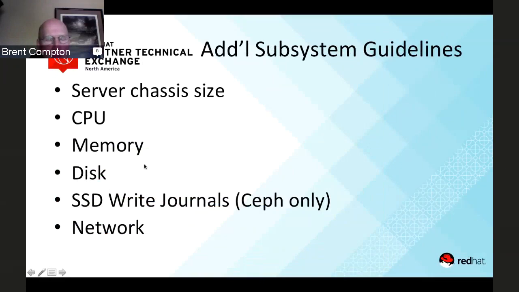Things like the CPU: we did quite a bit of testing with dual socket versus single socket, and frankly, for throughput optimized and cost capacity optimized clusters, didn't see a huge difference in that second socket being filled. So there are considerations like that in there. Individual subsystem guidelines, there's a few things in there.